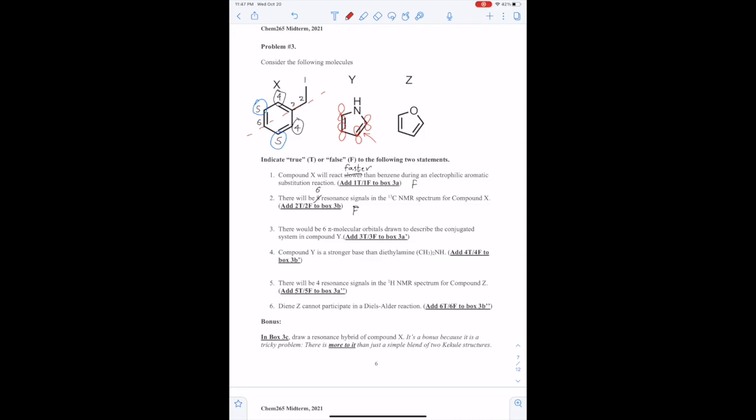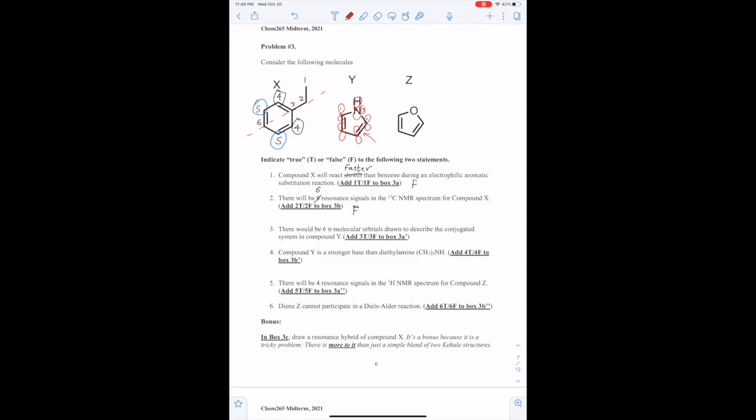And then there's a nitrogen here with lone pairs, and it also has a pi molecular orbital. So now the question is asking whether there are 6. So each one of these would have 1 electron, and the nitrogen would have 2 because of the lone pair.